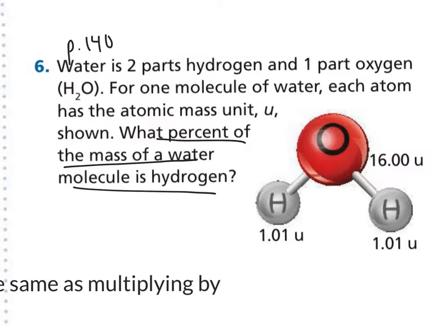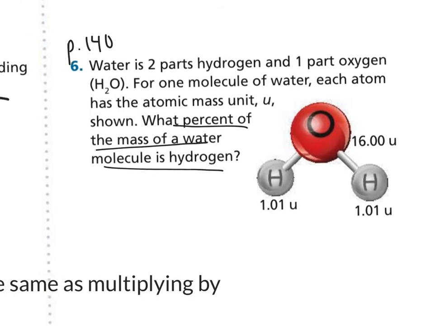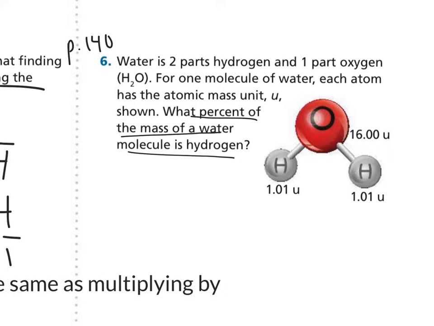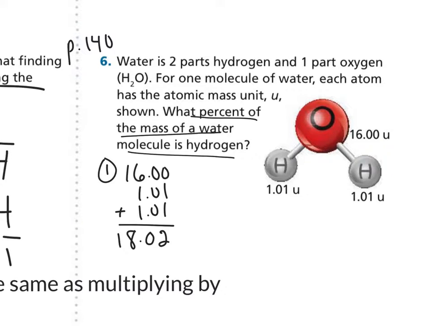So, different ways we could do this. One option is we could, first of all, figure out how much this weighs altogether. So if we add these 3 together, that's 18 2/2 atomic mass units altogether.